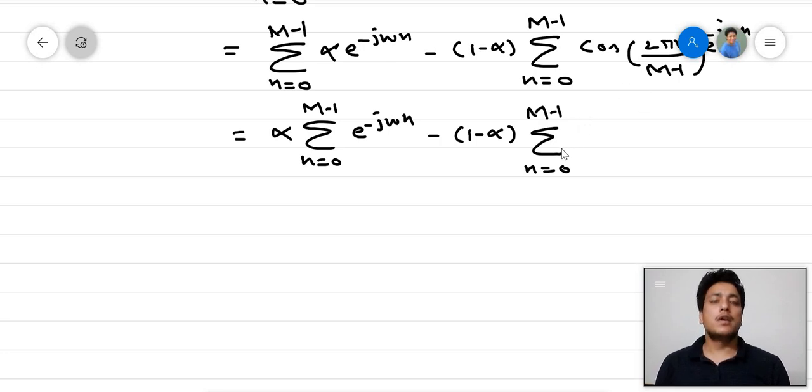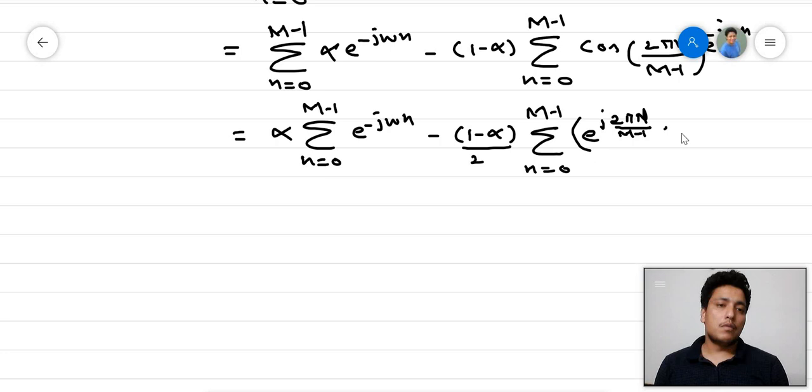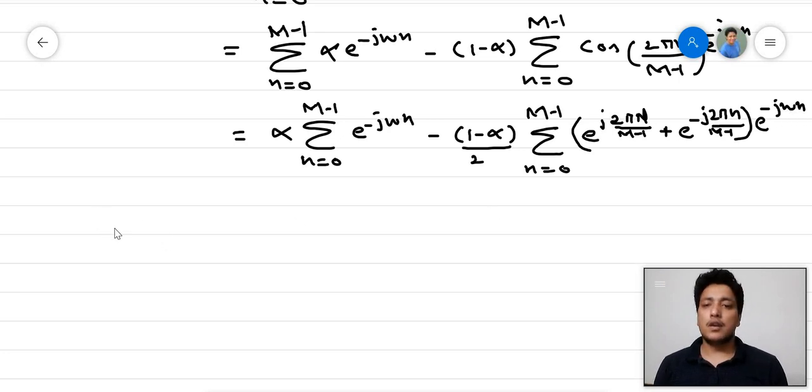This cosine can be written in the form of Euler's identity, and then it will be equal to (1 minus alpha) by 2 times [e^(j 2 pi n over M minus 1) plus e^(-j 2 pi n over M minus 1)] into e^(-j omega n).